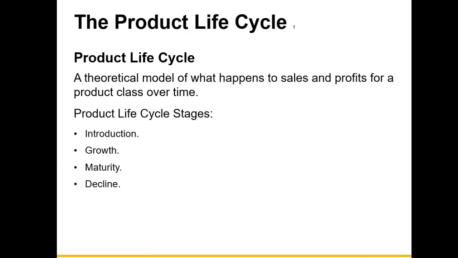Our last section focused on the product life cycle, the 4 stages a product will go through during its life cycle. I said lifestyle, but I meant to say life cycle. Those 4 stages are the introduction stage, the growth stage, the maturity stage, and decline.